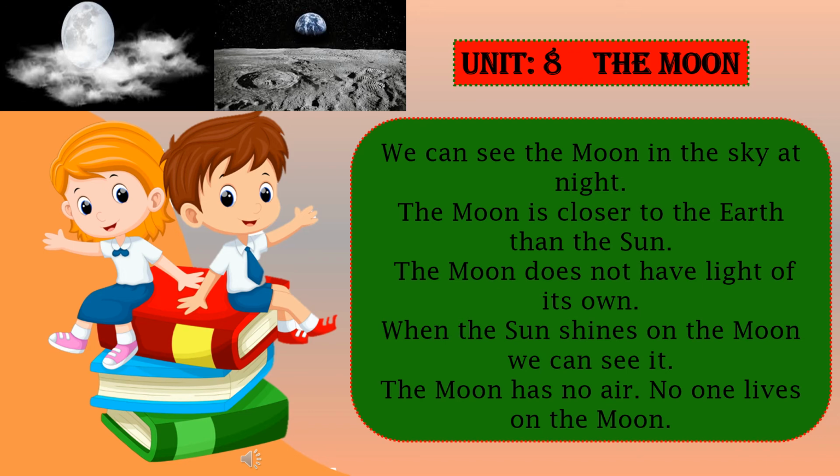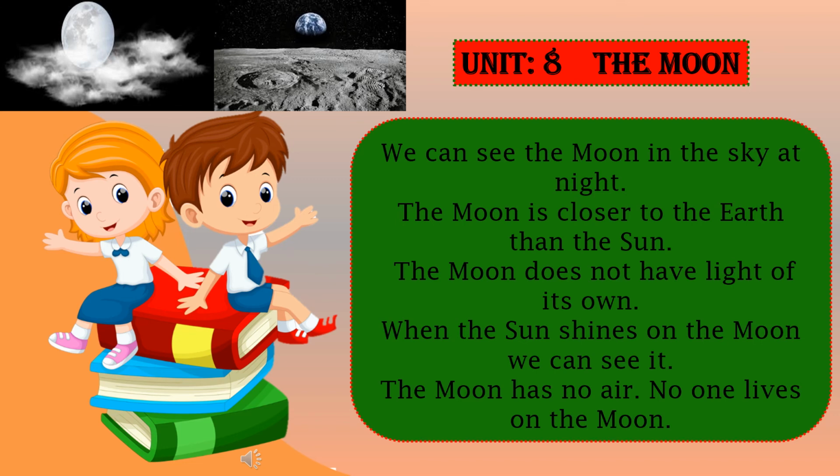So the moon takes a round around the earth, and it completes its one orbit around the earth in around 29 days or 28 days. When the sun shines on the moon, we can see it. As I told you, the moon has no light of its own, so we can see the part of the moon that is reflecting the sun's light because of its movement around the earth.